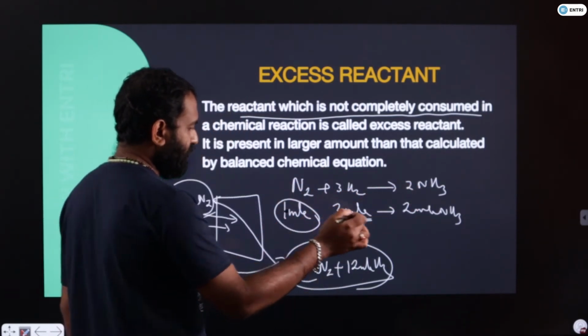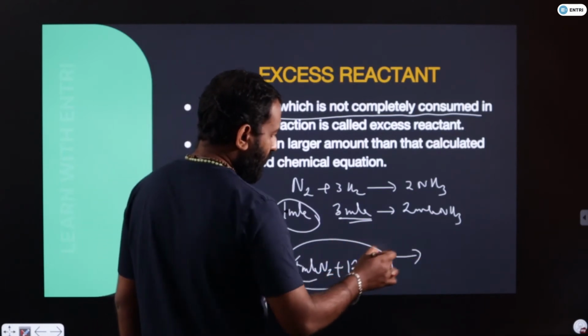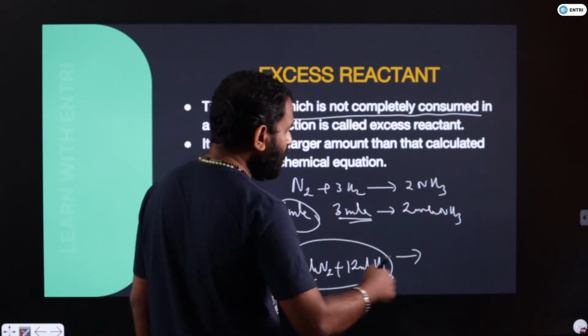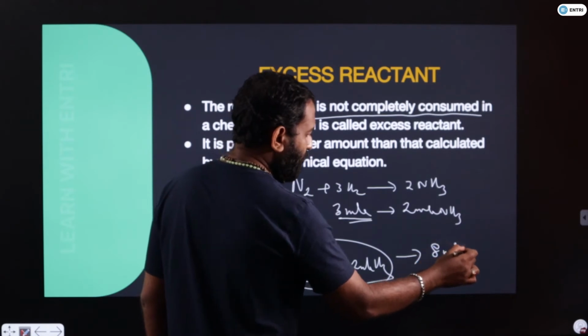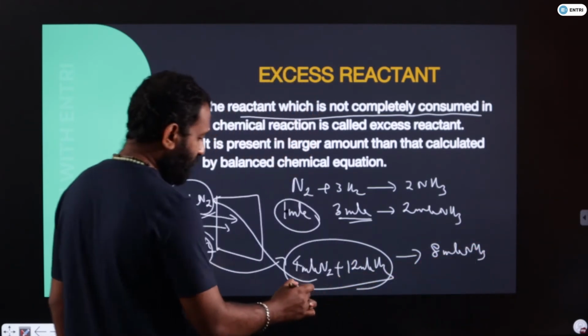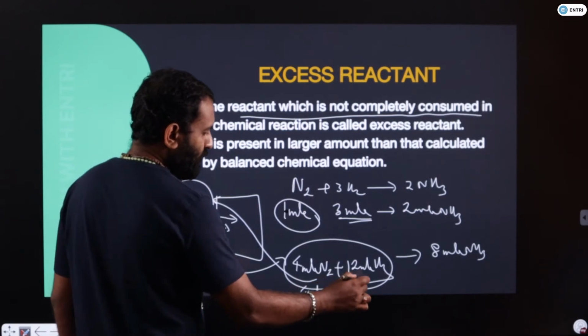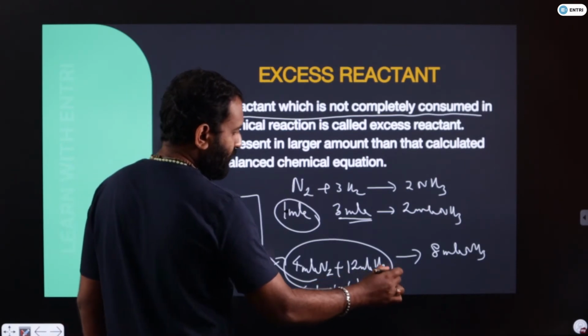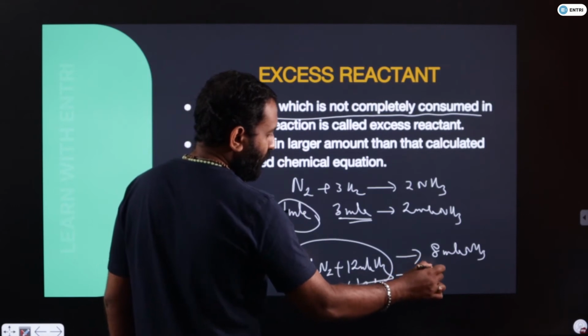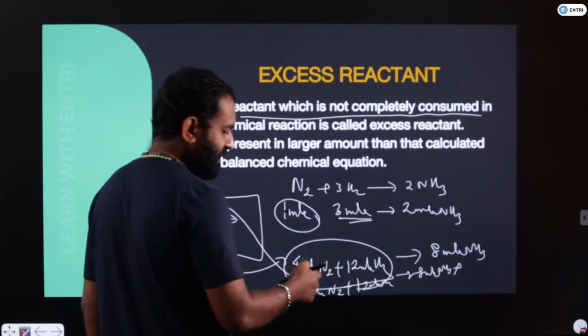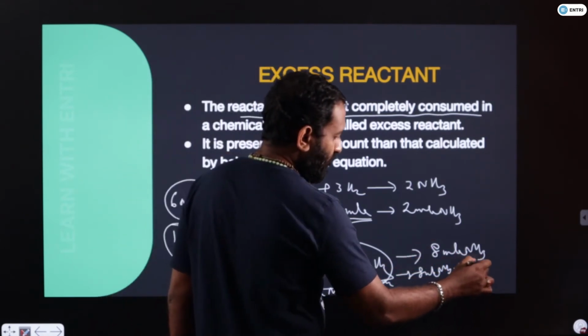So, 4 mole nitrogen combined with 12 mole hydrogen gives 8 mole ammonia. So, if we give 6 mole nitrogen plus 12 mole hydrogen, it gives 8 mole ammonia plus an excess amount, that means 2 mole nitrogen.